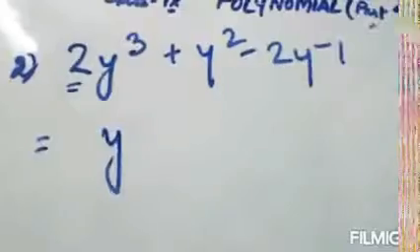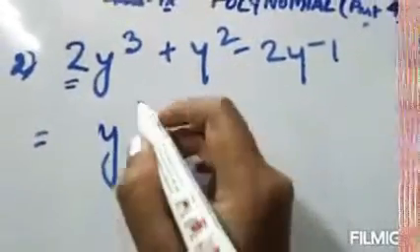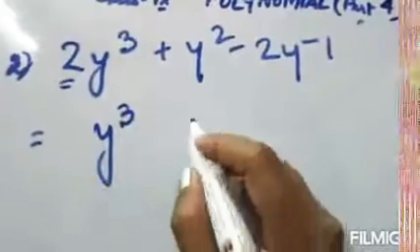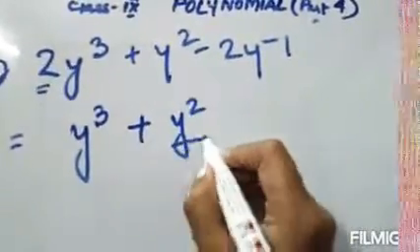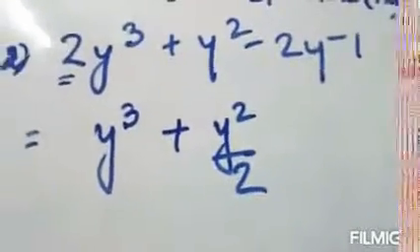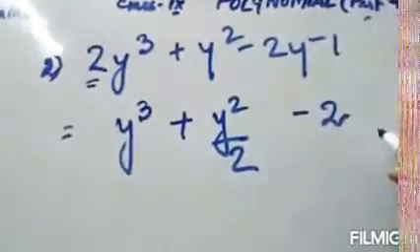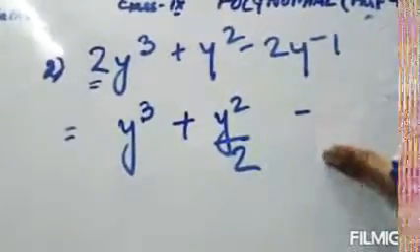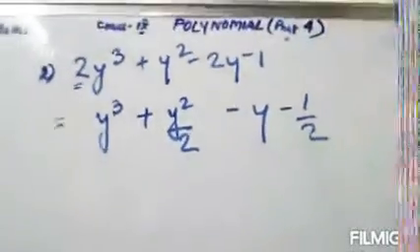So if I divide this whole thing by 2, what will it come? y cube plus y square by 2, minus y minus half.